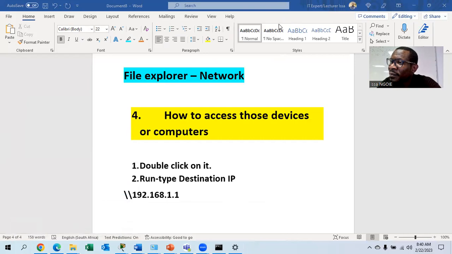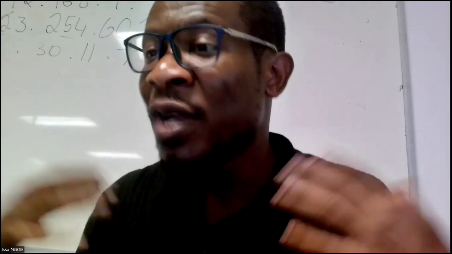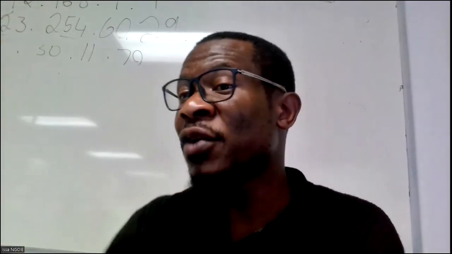As I said, when you have your network, you have to take something from the server. Sometimes you have to save your work to the server, to a computer that is not where you are locally. How do you see those computers? Go to File Explorer and click on Network. You can see those computers.